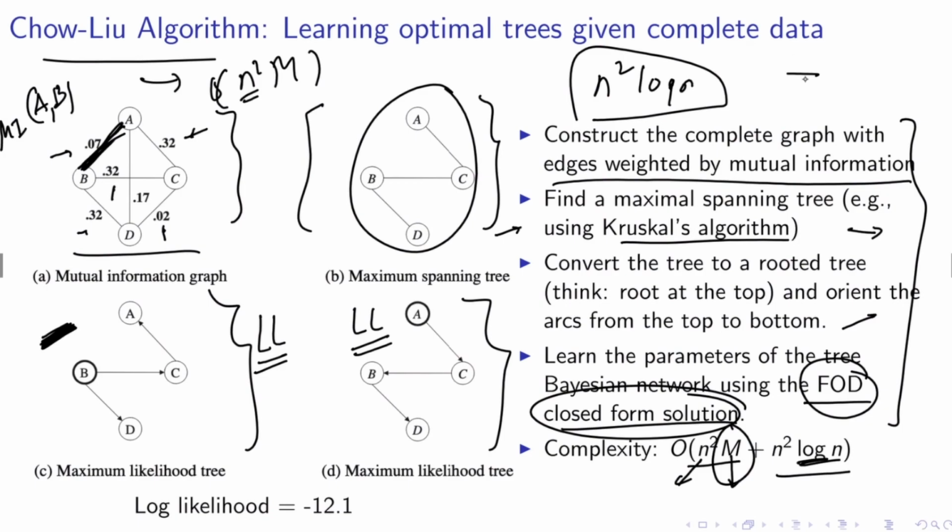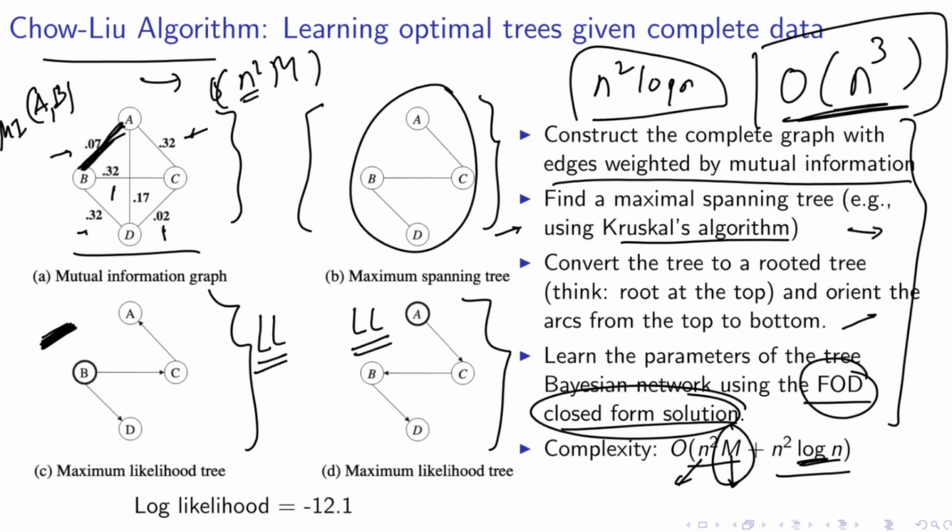So the complexity of this algorithm will typically be O of n cubed. Okay, so it will be at least O of n cubed, because typically the number of data points will be much larger than the number of variables in the model.